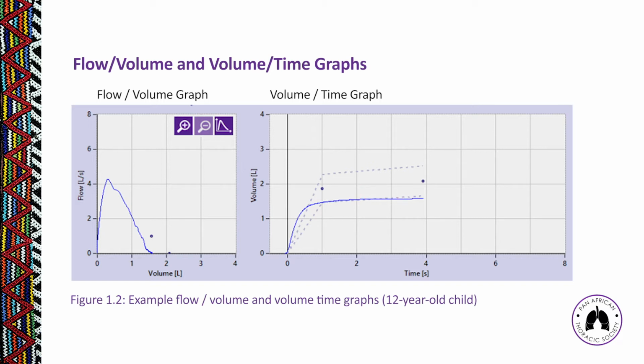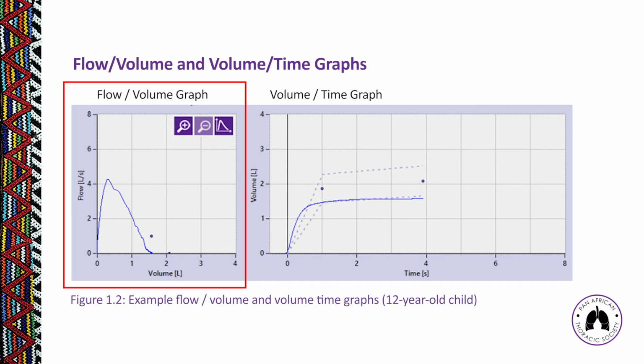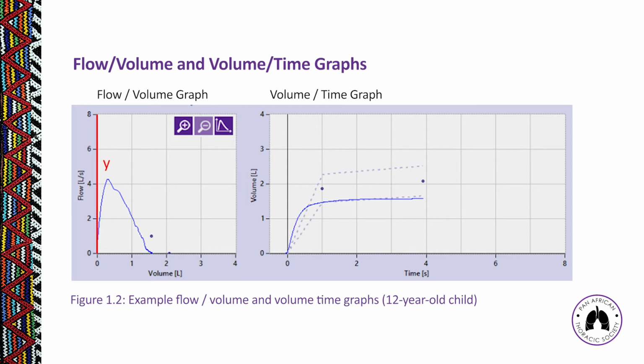Go back now to the flow volume graph. Look at the left-hand graph and the y-axis, and this axis is looking at a measurement of flow. We can see that the fastest rate of airflow in this test, that is your peak expiratory flow rate, which is the peak point shown on this graph, is about 4.2 liters per second.